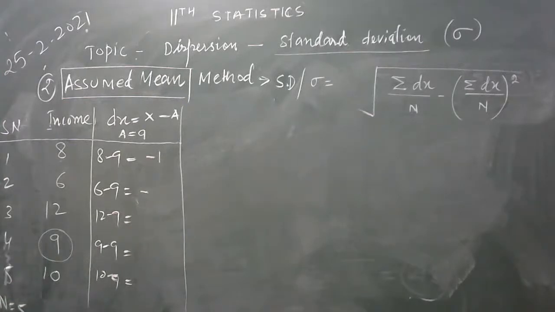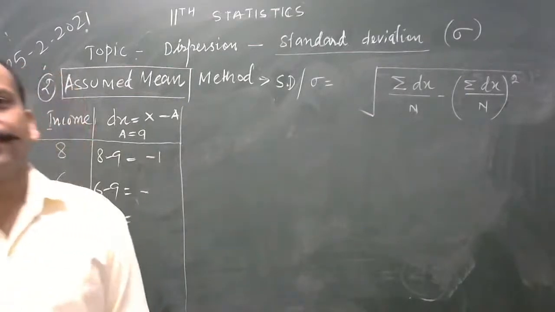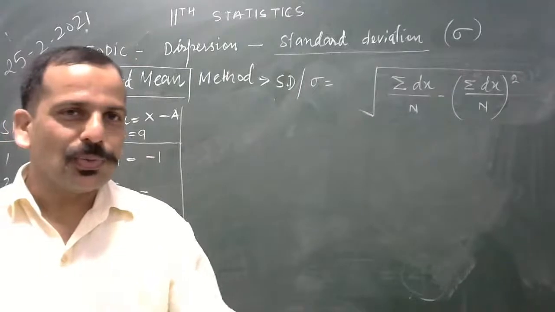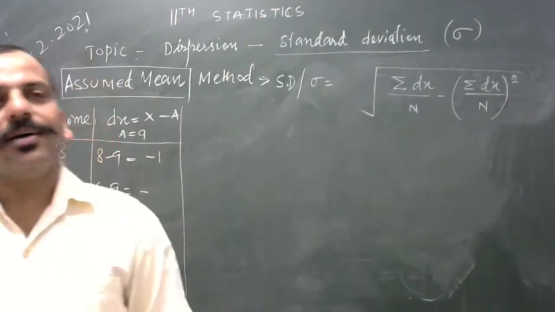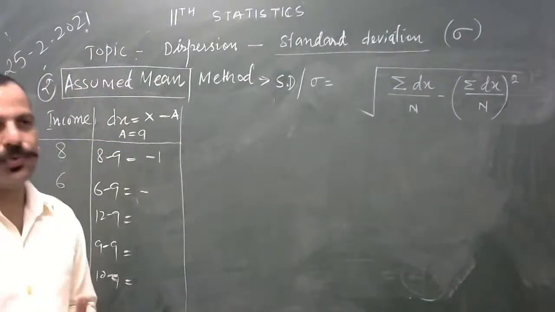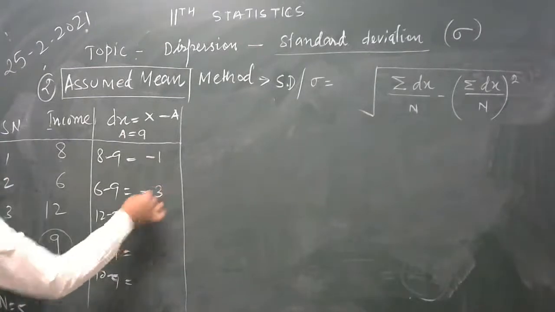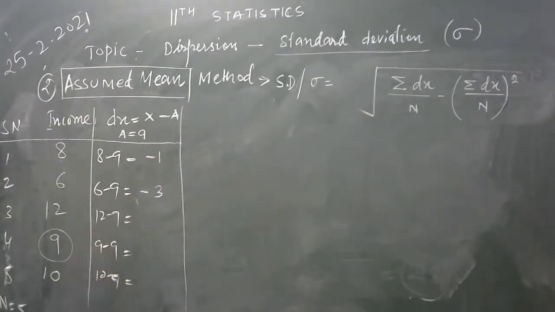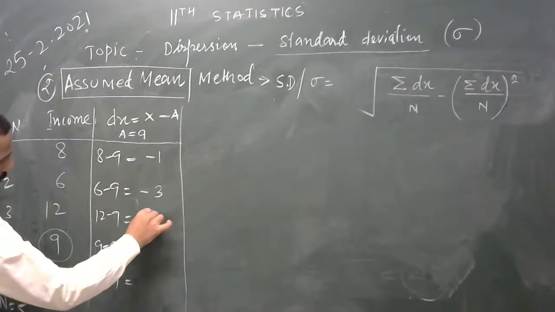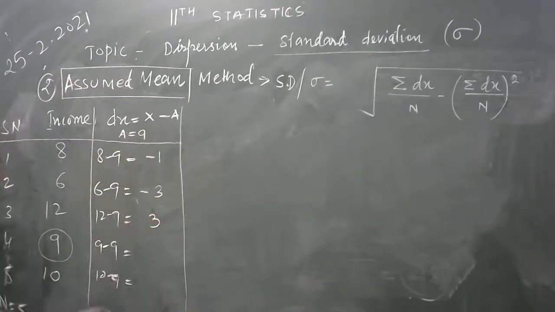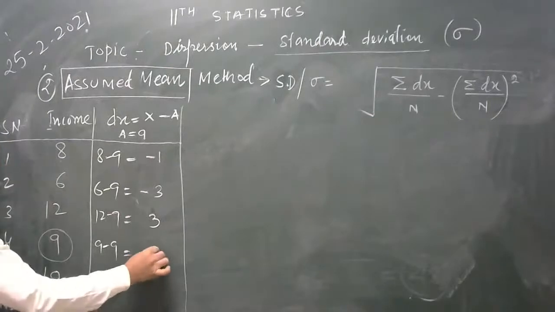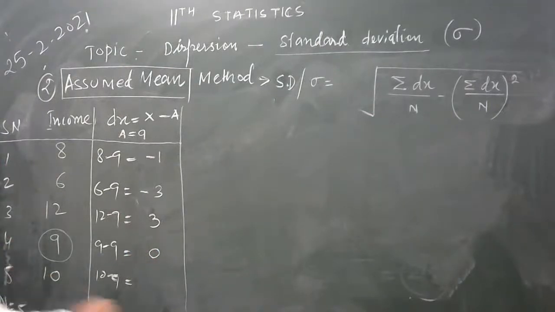Who is saying 2, 2, 2 only? Minus 3. And here, 3. So writing 3. And the last one, 1.